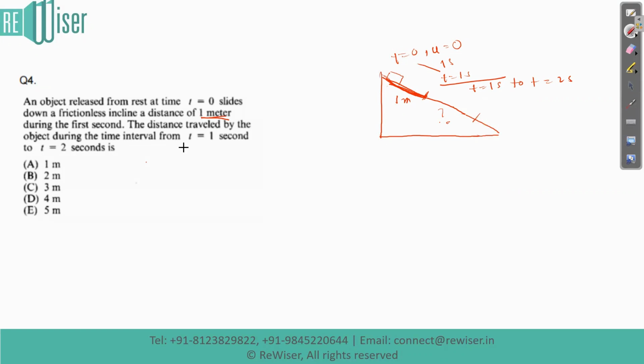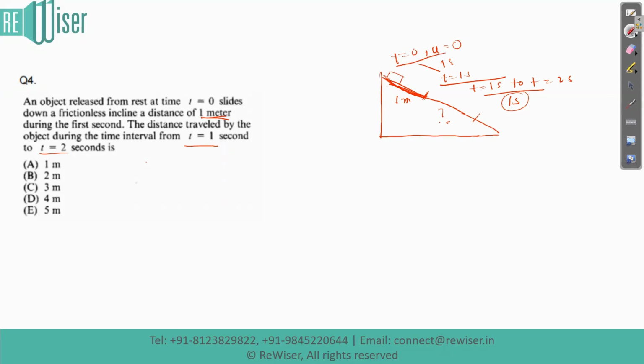As you can see, the distance traveled by the object during the time interval t equal to 1 second to t equal to 2 second. So the time interval is 1 second, right? So in the second interval, what is the distance traveled? So how do we find it?